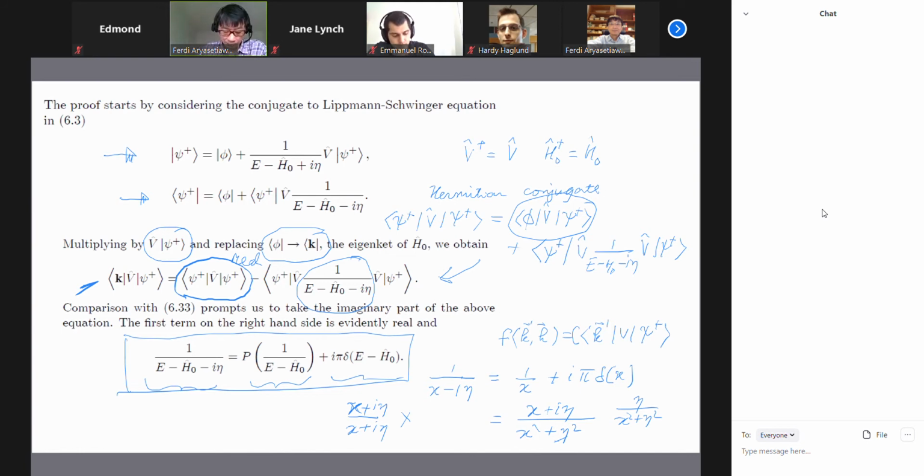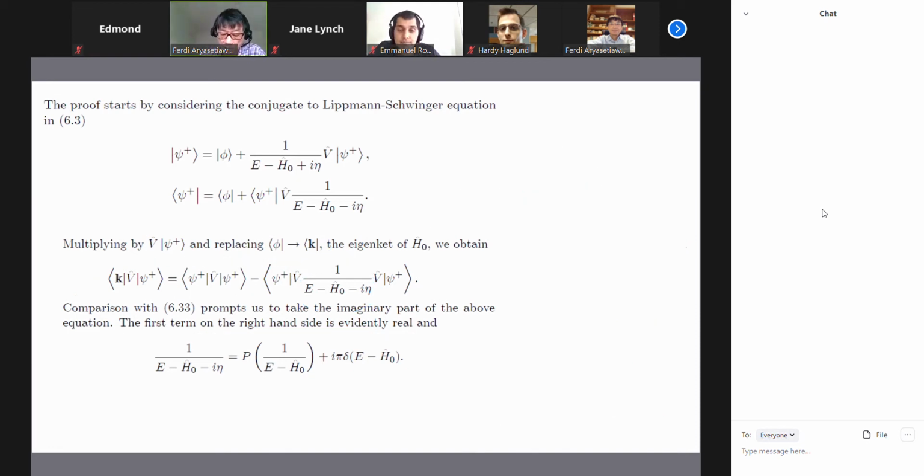So then this term gives you a real number when you take the expectation value with respect to the psi plus. And then you end up with the imaginary part, second term. So we do that.